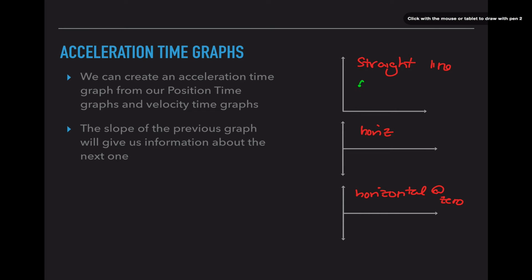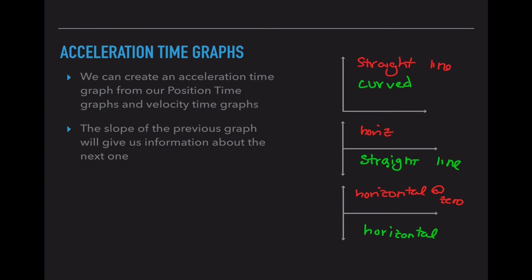If this line is curved, this one is a straight line, and this one is horizontal anywhere. So the red one, straight position time, makes a horizontal velocity time, makes a horizontal at 0 acceleration. Curved position time makes a straight velocity time, which makes a horizontal acceleration. So there is a constant relationship.